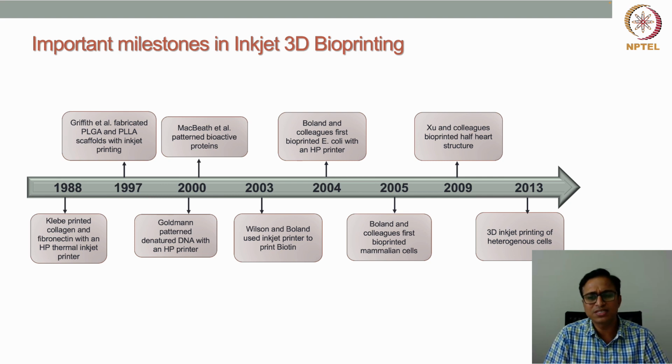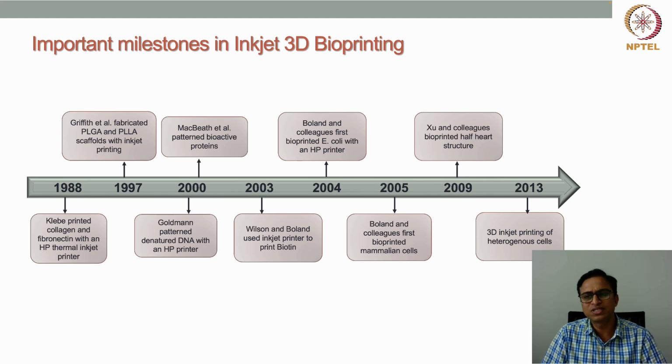Then there were various attempts to bioprint cells, proteins, and different biomolecules like DNAs. In 2009, Zhu and his colleagues bioprinted a half-heart structure. That was the very first attempt to print a tissue structure, in this case half-heart tissue, with this technology.